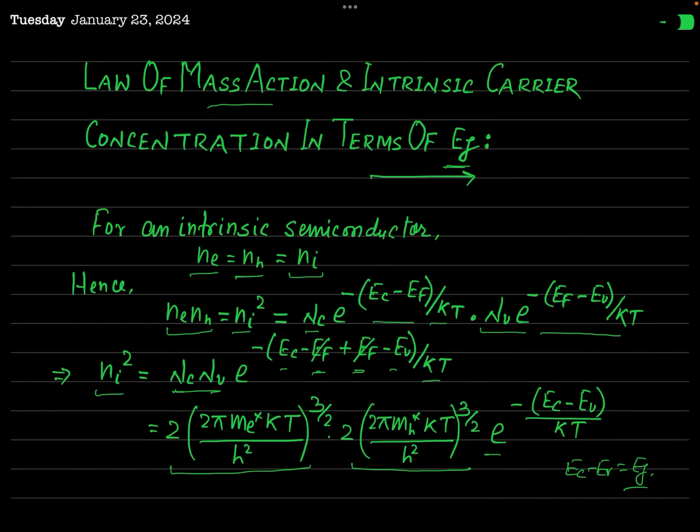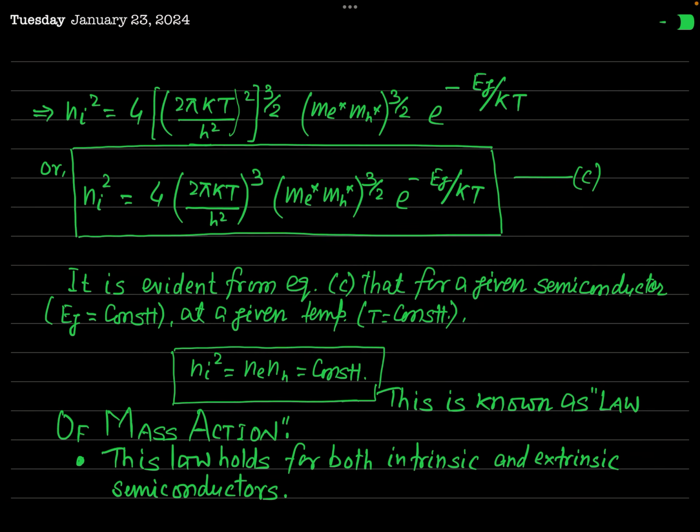So this Ni square can now be written as 4 times (2 pi Kt over h square) whole to the power 3 by 2, and this 2 and 2 will cancel out, times (Me star times Mh star) whole to the power 3 by 2, and times exponential raised to the power minus Eg over Kt.